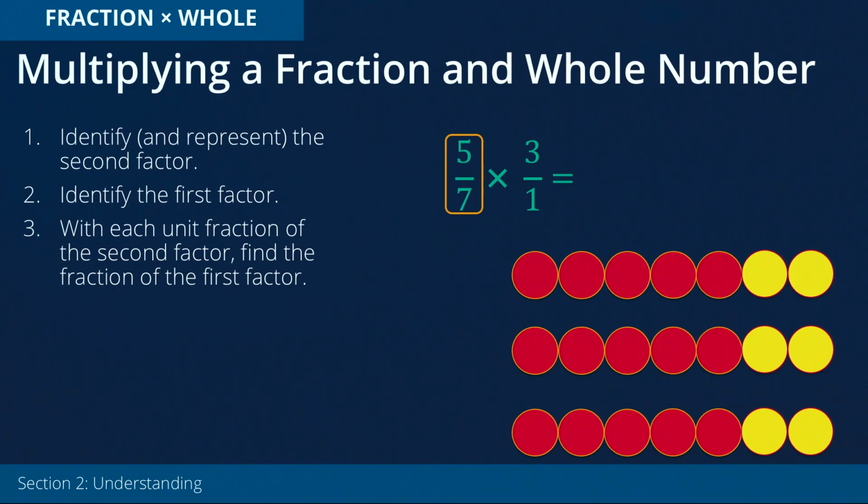Well, I created 1, 2, 3, 4, 5, 6, 7, 8, 9, 10, 11, 12, 13, 14, 15. So my product is 15/7. So when I multiplied 5/7 times 3, my product is 15/7.